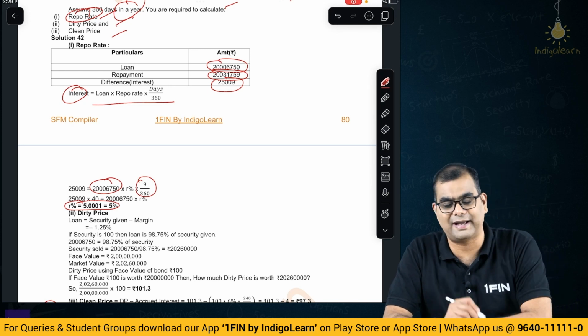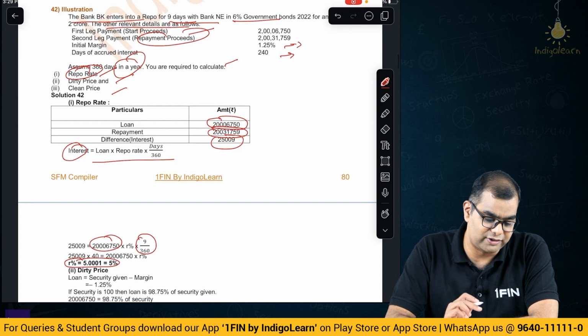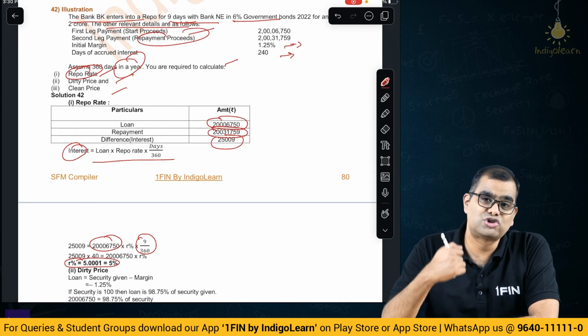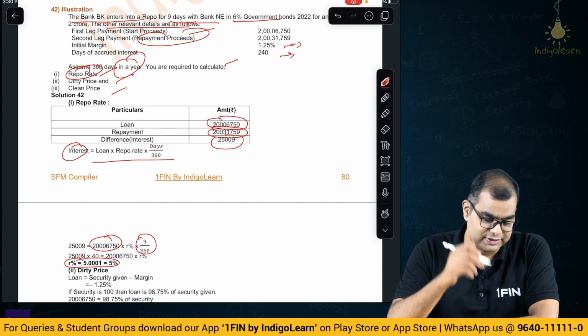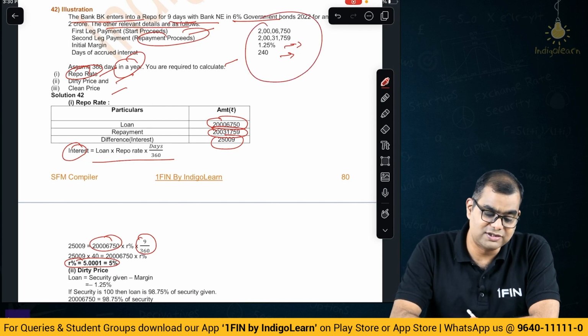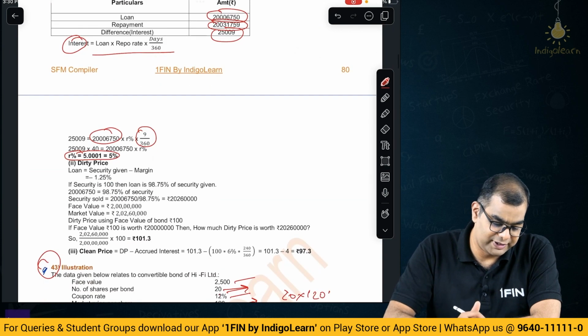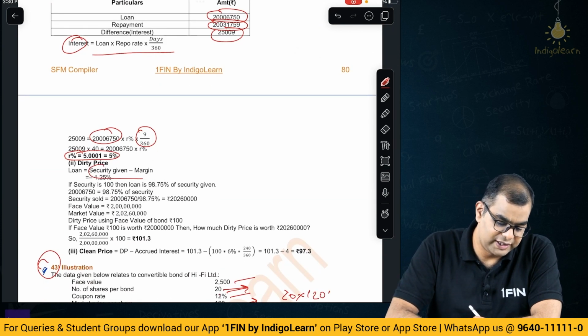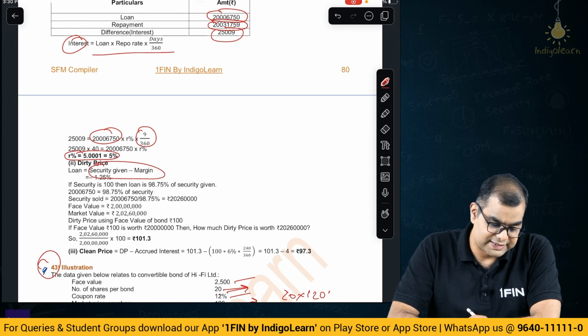But now you see what has happened in this whole repo concept. There is one point that you have to understand. You have sold a security and you are buying it back. This is the loan part, but there is also a security linked to this. So, loan is security given minus margin. See the exact loan.